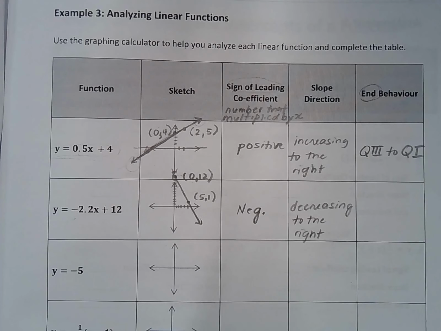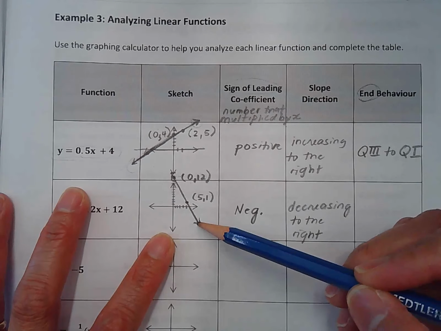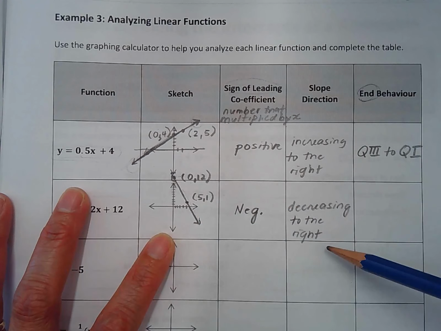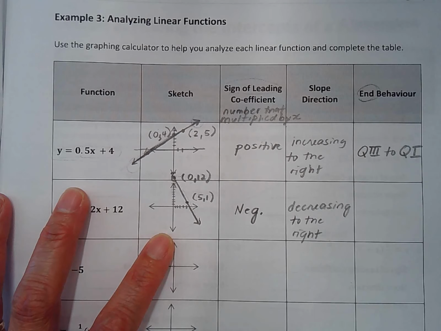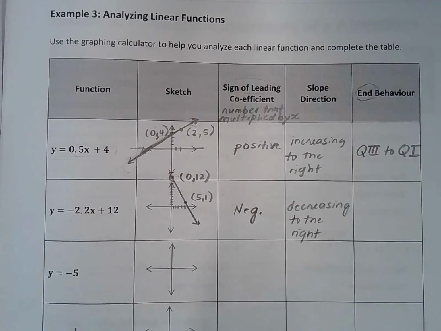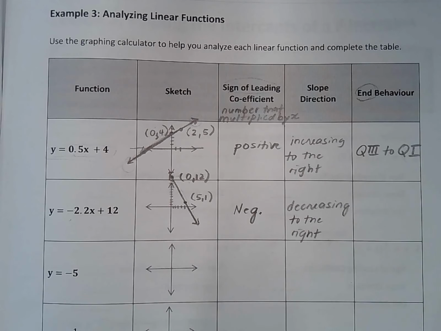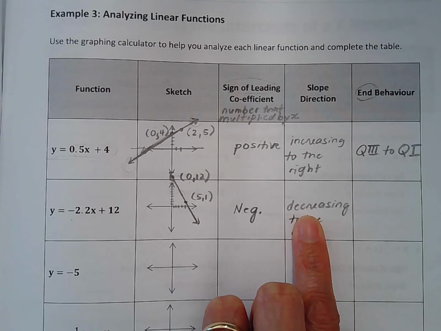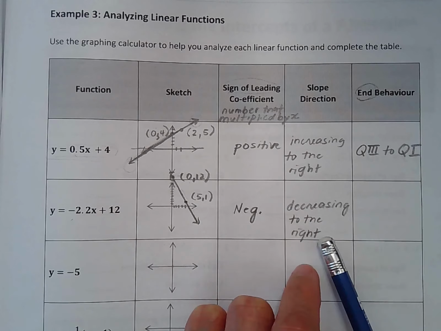Okay, what's the end behavior? Can you also do increasing to the left? Yeah, you can say increasing to the left. It's okay. Be careful though, because we can say increasing, but make sure you add the to the left.